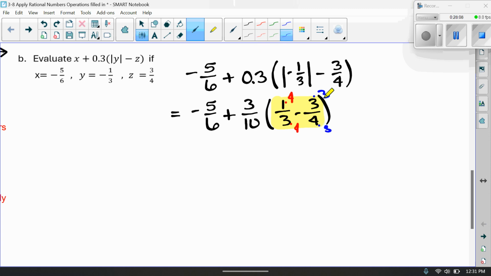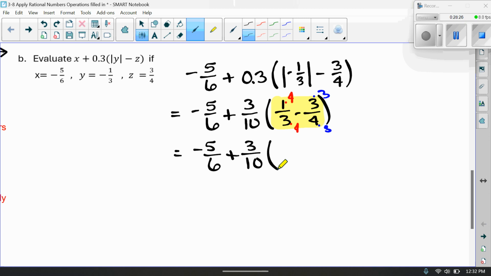So let's rewrite. So this is -5/6 plus 3/10, and all we're doing is rewriting, okay? And then we're going to rewrite this part right here with common denominators.